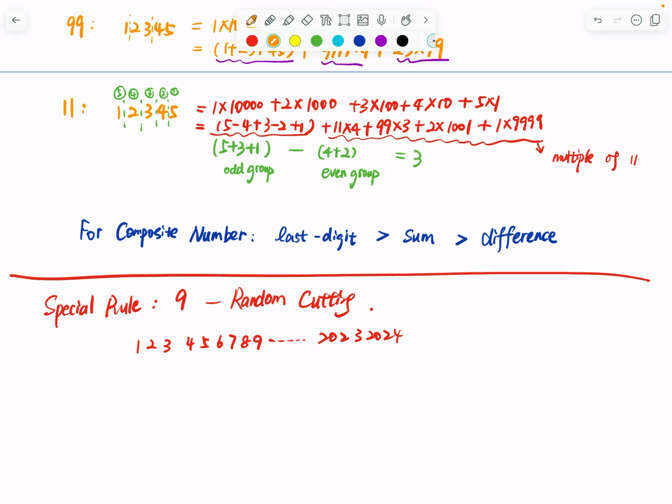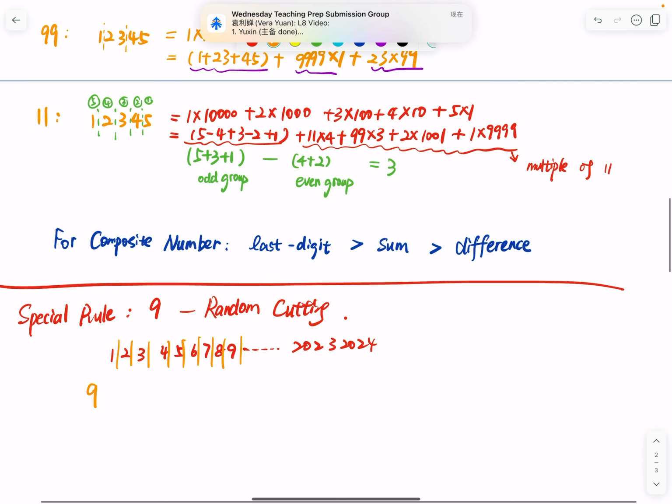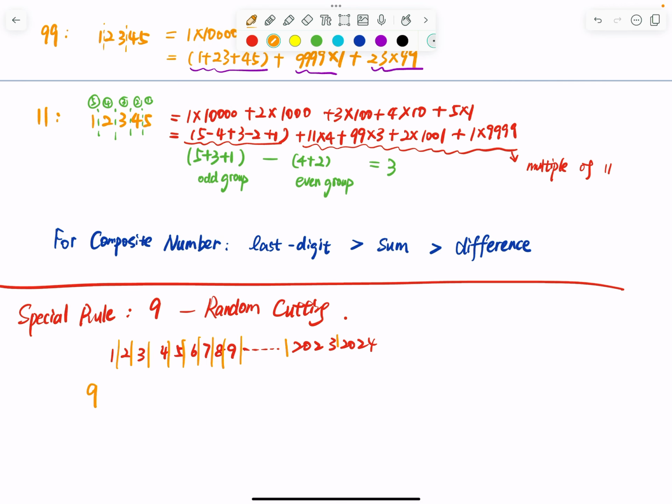We can use the digit cut. To check 9, we can cut randomly like that, right? I cut all the 1-digit, all the 2-digit, and all the 4-digit numbers. So that means for 9, we just need to check whether it can be exactly divided by 1 plus 2 plus 3 plus up to 2024. Here we can use the Gaussian sum.